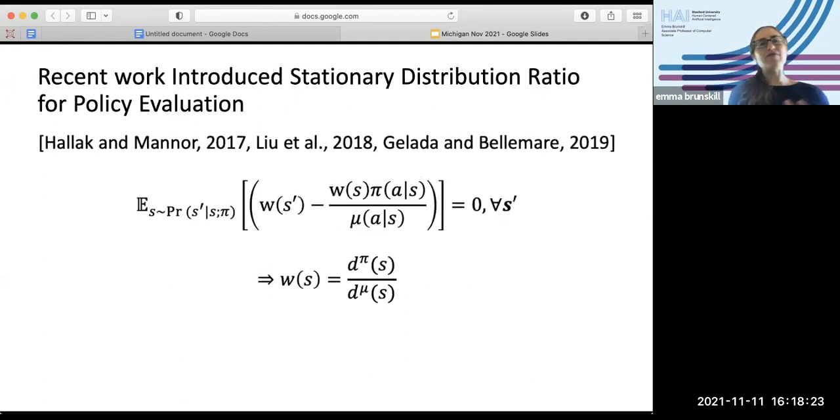Various people had started thinking about this stationary distribution ratio, the idea that instead of a product over the number of time steps, we can just think about how the stationary distribution changes between our behavior policy and our target policy. We're really leveraging the fact that the system is Markov.